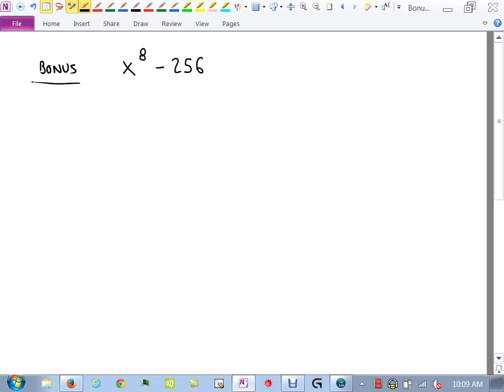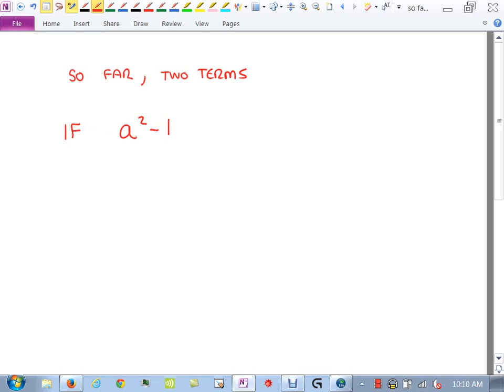All right, now let's talk a little bit about a different formula. What we've seen so far is that with two terms, if we have a squared minus b squared, which meant that we had something squared minus something else squared, and I'm using the parentheses to stress that the squared has to apply to both, that turns into (a plus b) times (a minus b).